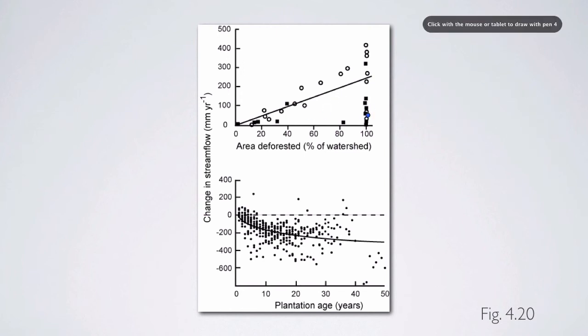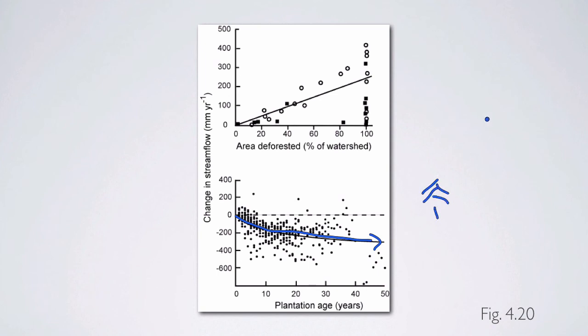Now the converse of deforestation is afforestation. And this is a change in stream flow, but with plantations of trees put into grasslands. And in this case, 10, 20, 30, 40, 50 years of tree growth on a place that was formerly grassland generates what was once a small forest that now becomes a big forest.